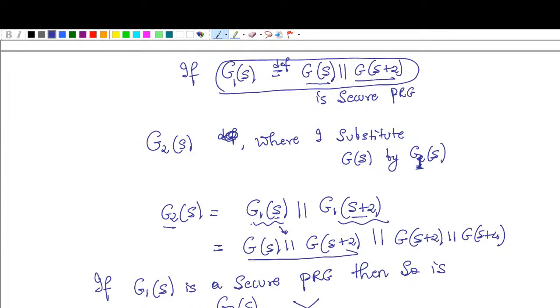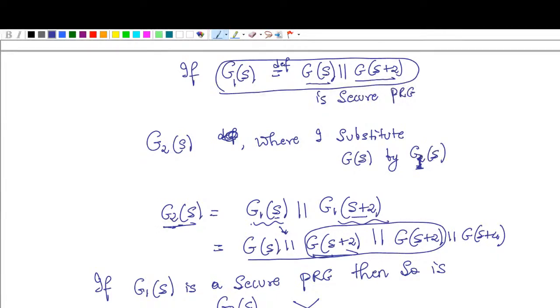But this implication is completely wrong, because if you see the output of G2(S), then the second and the third output blocks are always going to be the same, which you don't expect from a true random number generator. If I run a true random number generator 4 times independently, then the first, second, third and fourth block outputs are going to be different with high probability.